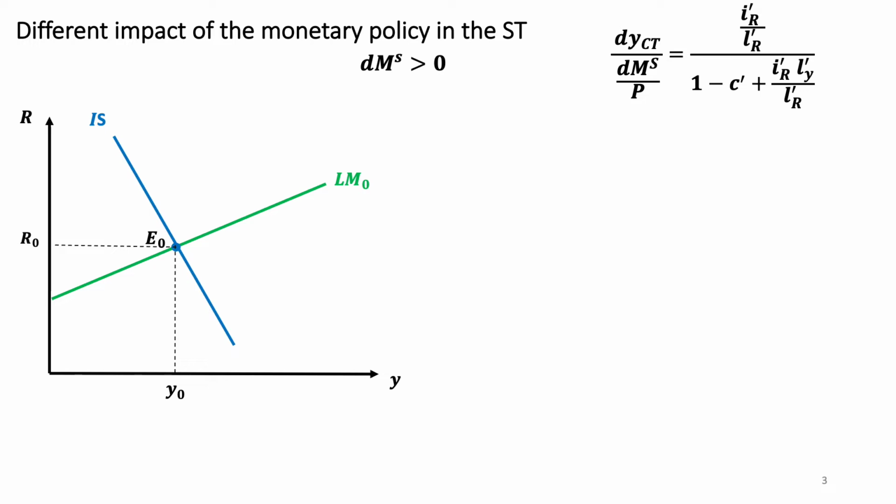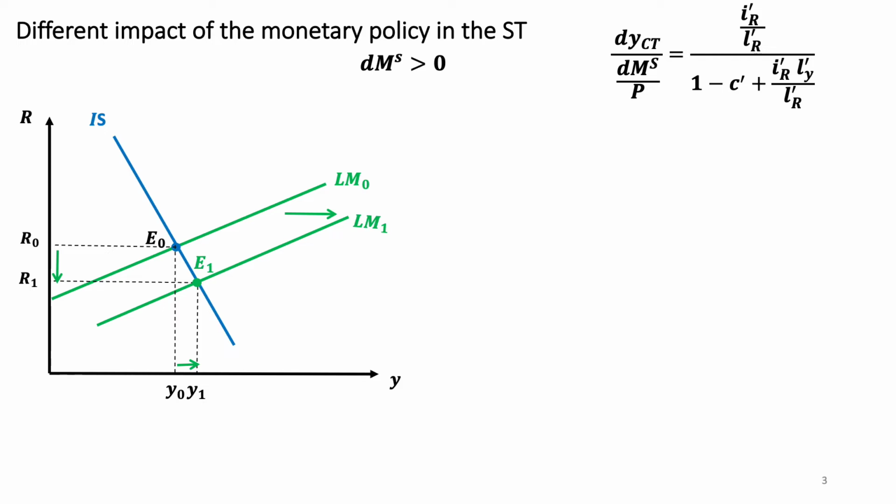Let's take an example. Suppose an economy that's at the point E0. Imagine that the central bank implements an expansionary monetary policy. The LM curve shifts to the right, and the interest rate will decrease. The new equilibrium is at E1, where income has increased from Y0 to Y1.